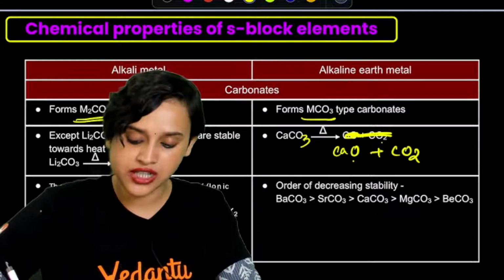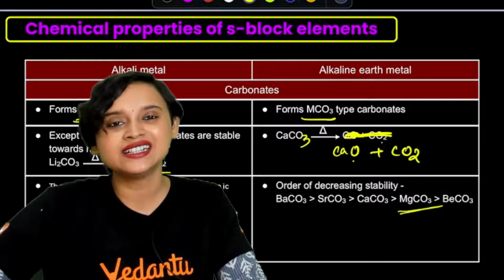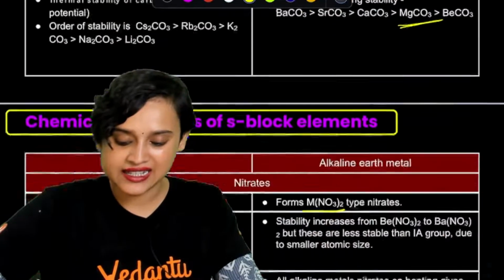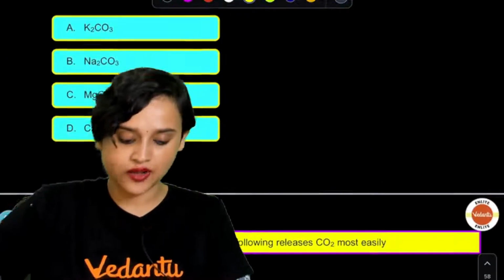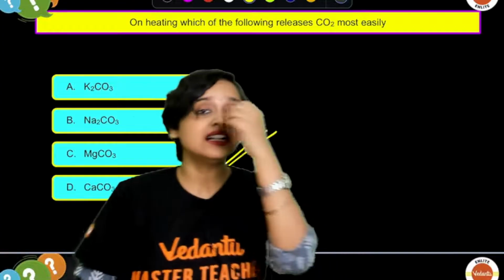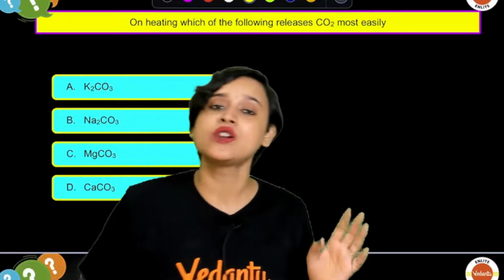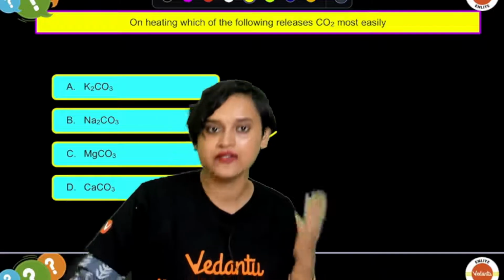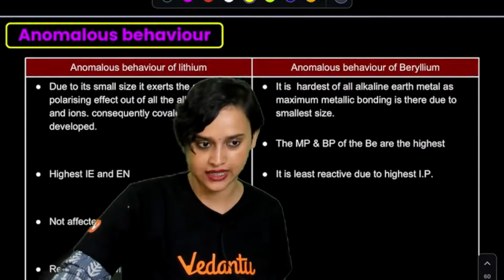We know that MgCO3 has very less stability. So the correct answer is obviously MgCO3. MgCO3 has the least stability, so the moment you start heating it, it will easily give out carbon dioxide.